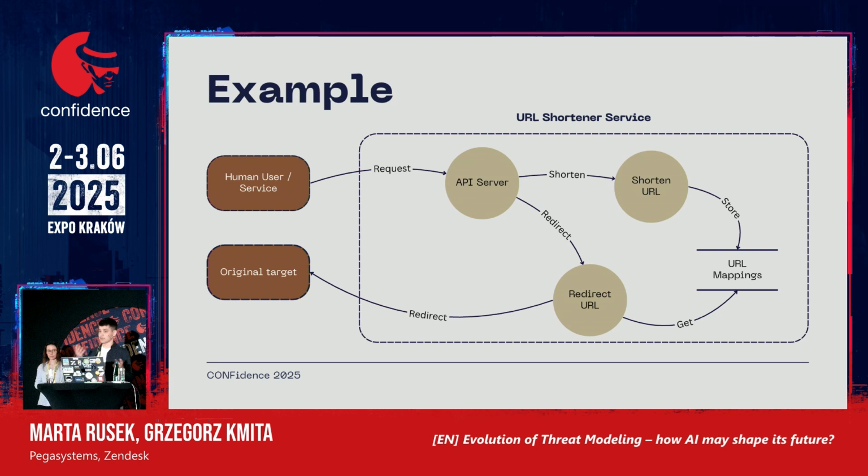So you might implement rate limiting, you might put something before your service, for example, some cloud services like a web application firewall, or use a third-party tool to do that for you, and so on. So remember this diagram. We will go back to it when we get to the part about AI. But you know that this is how we can do threat modeling. So just look at the diagram and brainstorm.